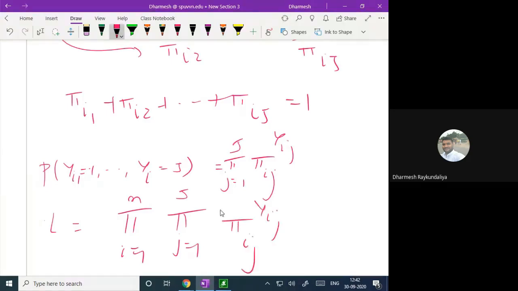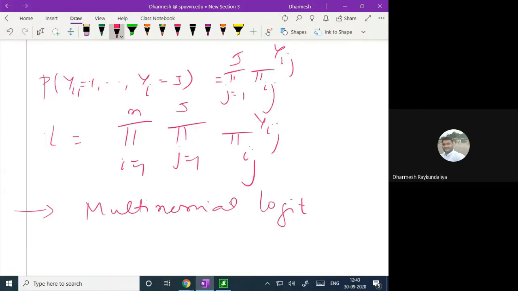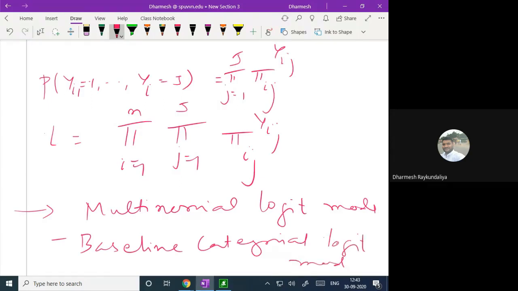Okay. So if I wish to develop this model when the response categories are multinomial in nature, then I have to apply the multinomial logit model, or you can say it is a baseline category logit model.